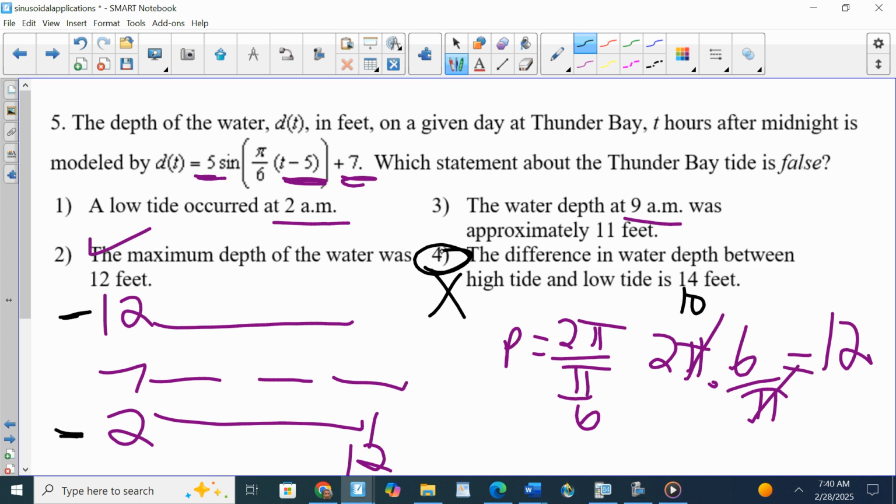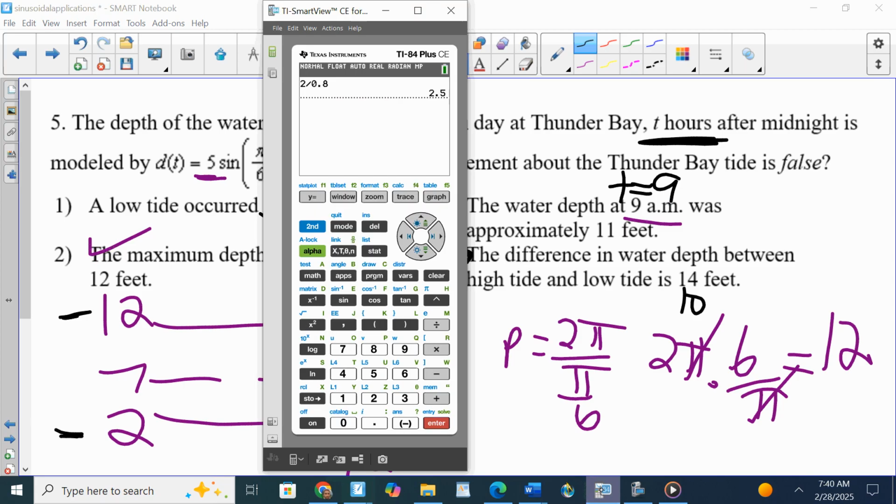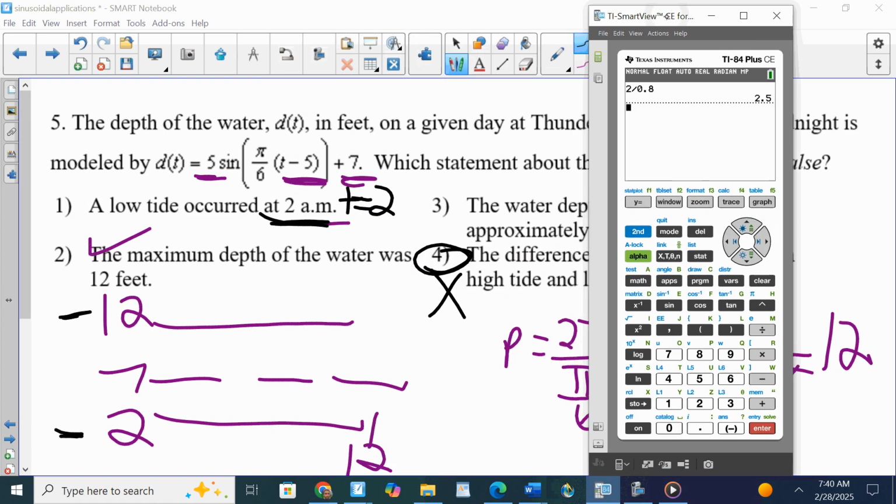How would I do choices 2 and 3? Well, it says that t is hours after midnight. So 2 a.m. is 2 hours after midnight. And 9 a.m. is 9 hours after midnight. So if I want to know what the depth of the water is at that time, I'm just going to replace t with 2. I just finally streamlined this calculator, made it little again. I don't know what took me so long.